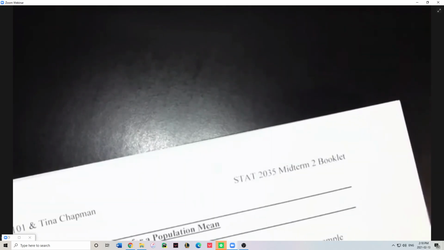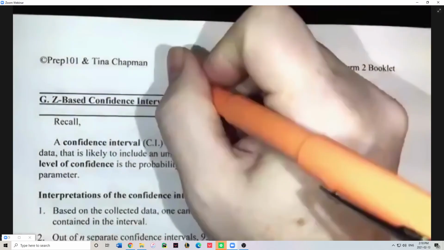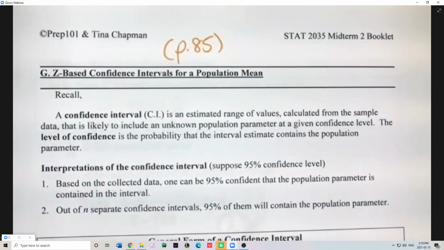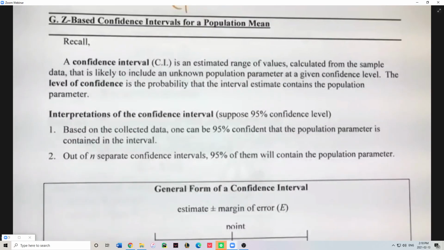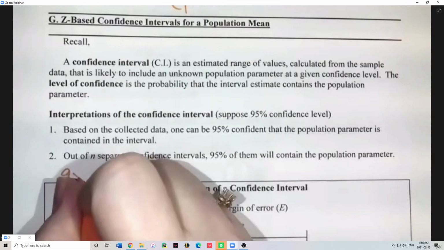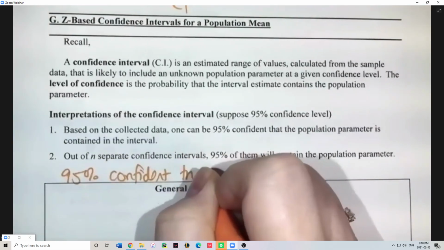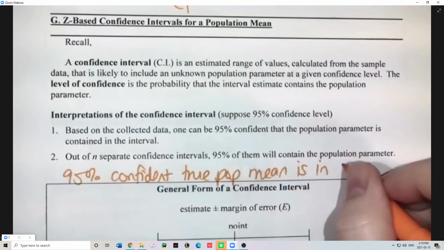Okay, so flip to page 85. Okay, so we're going to talk about confidence intervals first for Z. So if we have, let's say, a 95% confidence interval, then we are 95% confident that the true population mean is in our confidence interval.